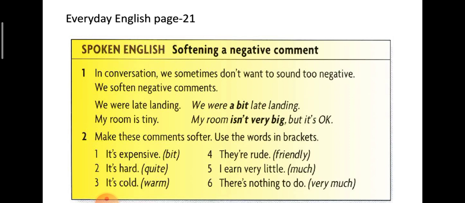Yeah. So activity number two: you have to make the sentences softer, and you have to use the word in brackets. Like number one, we have 'bit'. Number two, 'quite'. Number three, 'warm'. Number four, 'friendly'. Number five, 'much'.